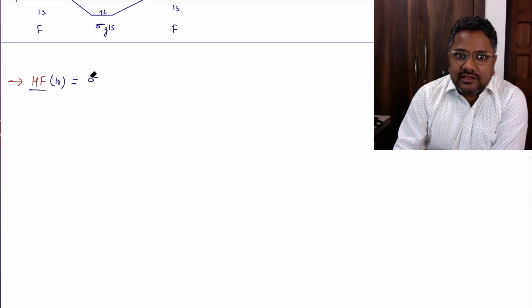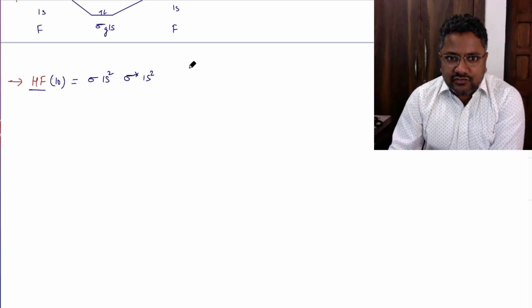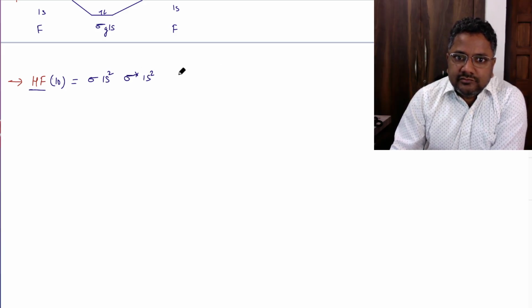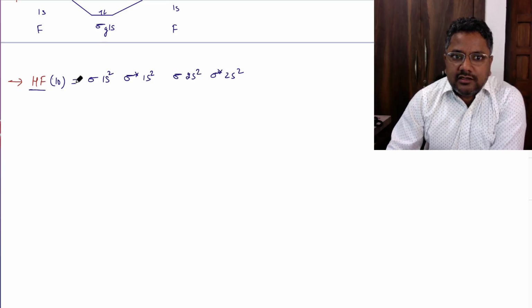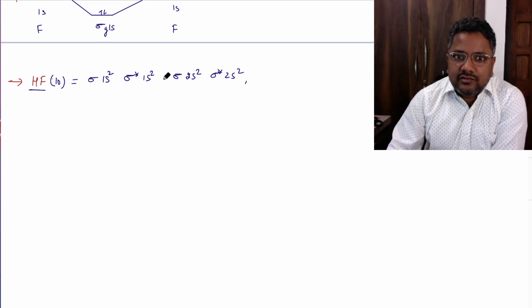So first sigma 1s2, sigma star 1s2, sigma 2s2, sigma star 2s2, and then 10 electrons, so pi 2px, pi 2py, x1 and y1.